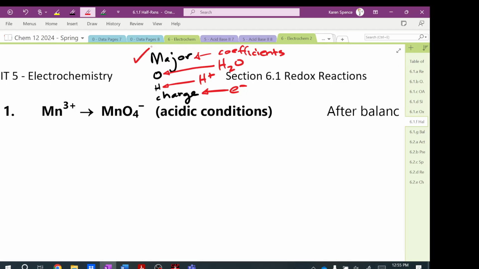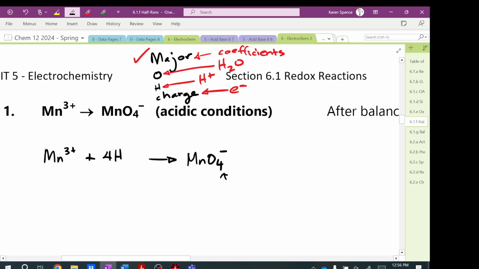Now, do we have the same number of oxygen on both sides? No. So what we're going to do is we're going to say, now I have Mn 3 plus. I need to now balance oxygen by adding water. How many waters do I need to add to get my 4 oxygens? 4 H2O.